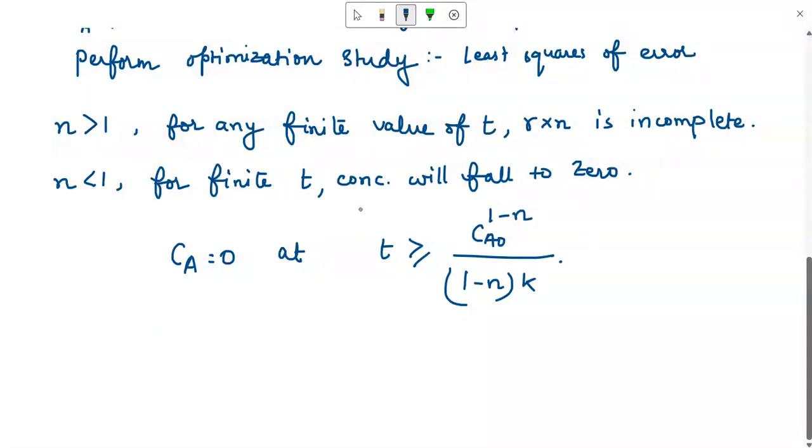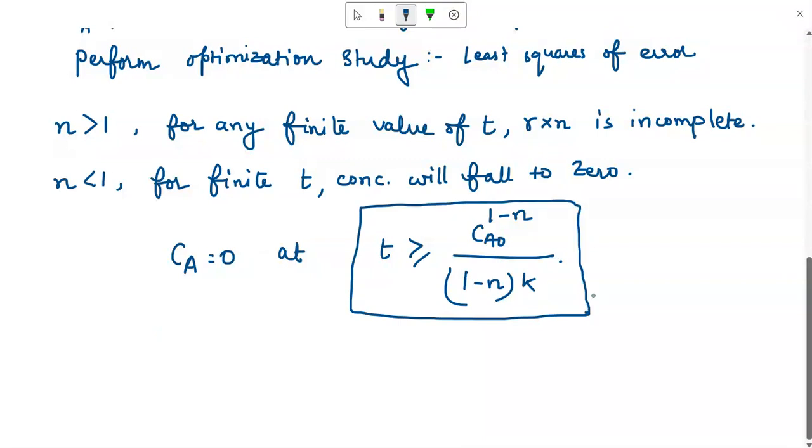This expression is fairly important, especially for competitive exams. This question is often asked. You just need to put in this formula and find out at what value of time the concentration of A is completely exhausted.